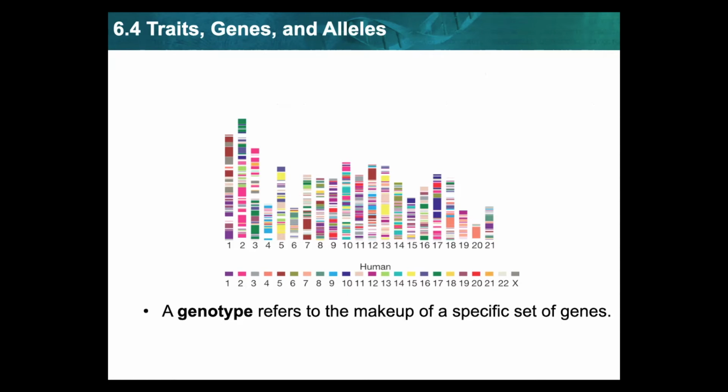So if we're writing out the genes we have for eye color, we might write 2 lowercase b's to indicate that we have 2 genes for blue eyes. If we have the gene for brown eyes, we might have uppercase B. So if we have a gene for brown eyes and a gene for blue eyes, we would write 1 uppercase B for brown, 1 lowercase b for blue. That's genotype. It's a symbol for the genes we have for a certain trait.